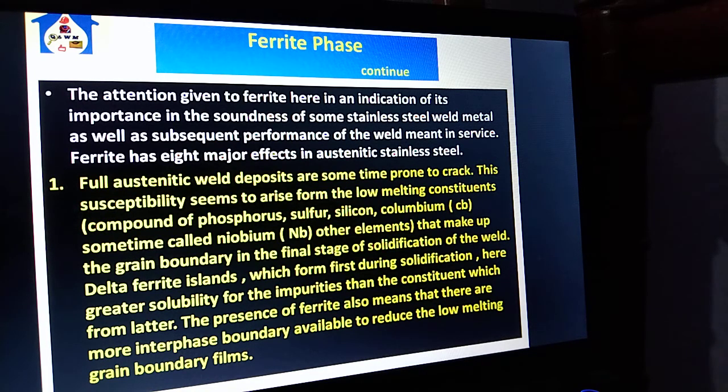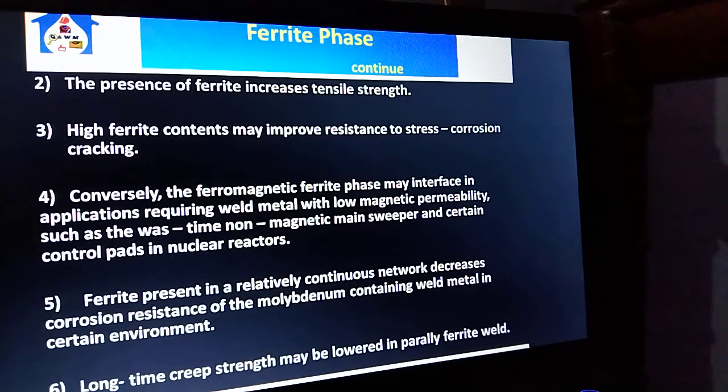Delta ferrite islands, which form first during solidification, have greater solubility for the impurities than the constituents which form later. The presence of ferrite also means that there are more interface boundaries available to reduce the low melting grain boundary.